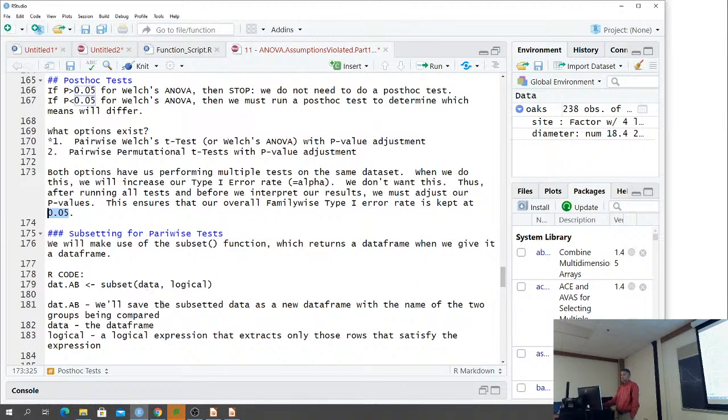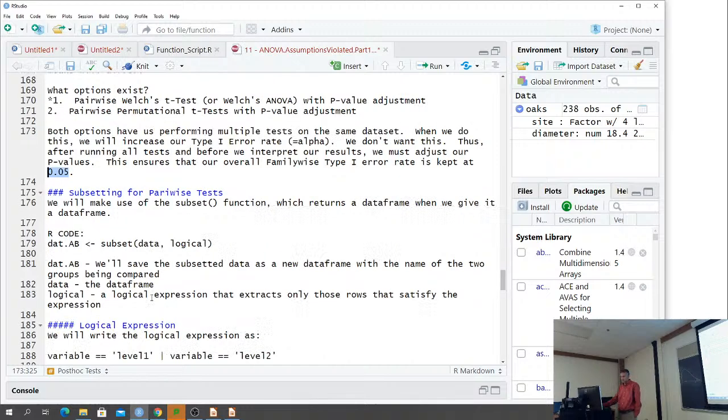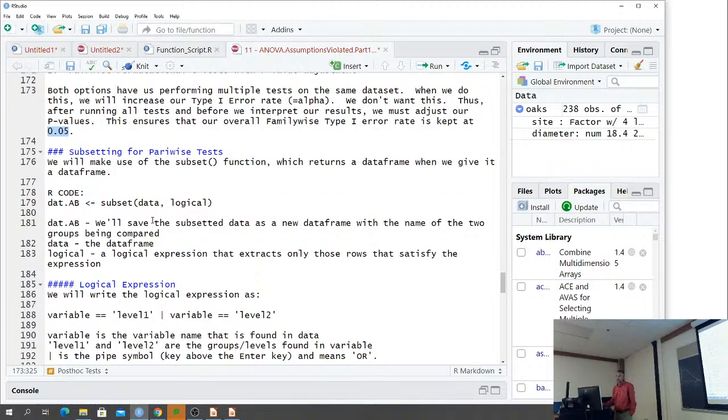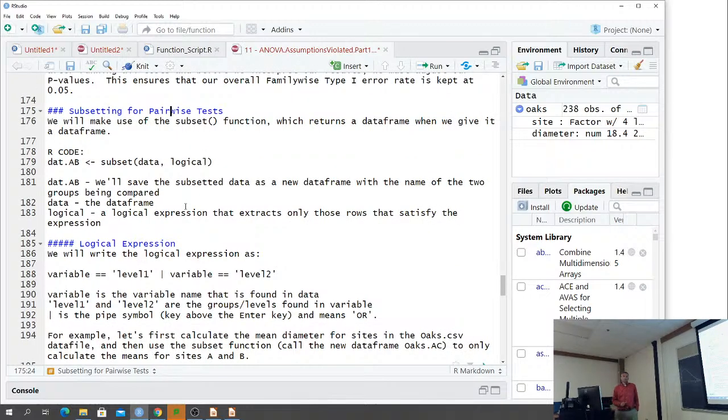So how do we approach this? Well, we're going to start with our pairwise tests. In order to run a pairwise test, we're going to make use of the subset function. The subset function, when we give it a data frame, will return a data frame. So if we give it a data frame with 10 columns in it, it will return a data frame with 10 columns in it.